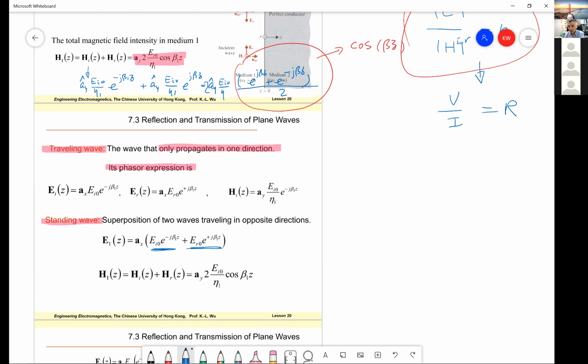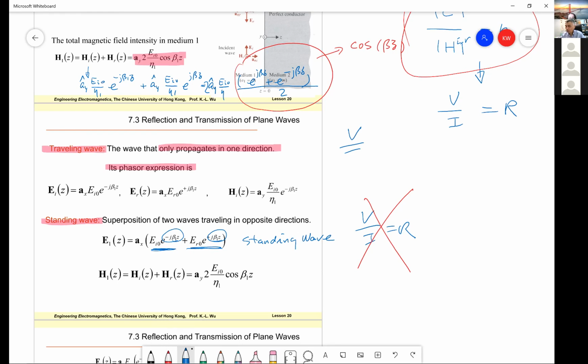We have an incident wave and a reflected wave, propagating in that direction and the minus direction. This forms a standing wave. For a standing wave, we cannot apply that.